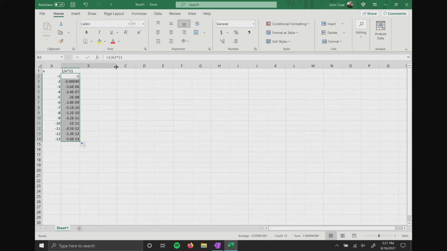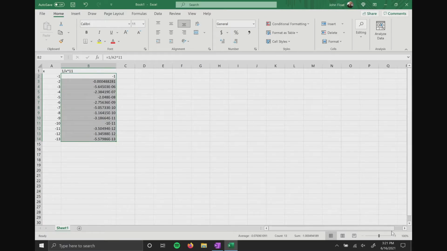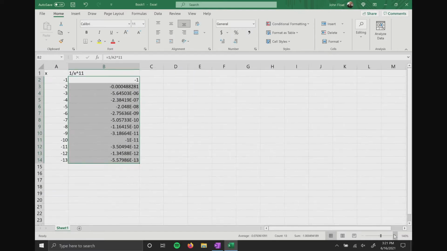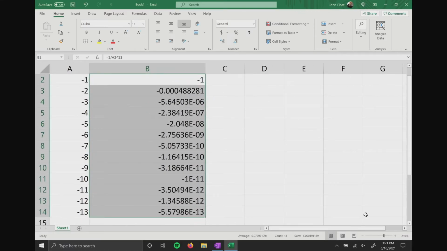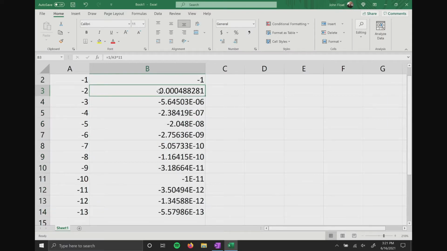I'm going to move this all the way over here, and we'll zoom in a little bit so we get a better look at these numbers. For the first value, we got -1. For the second value, we have -0.000488281. Now, that E is 5.6 times 10 to the -6th.